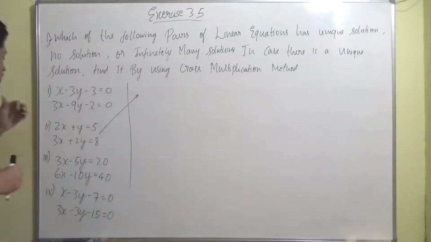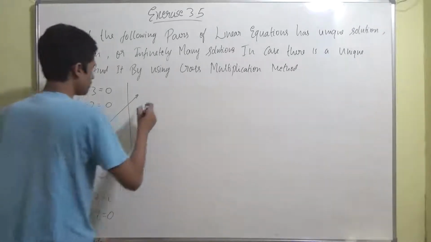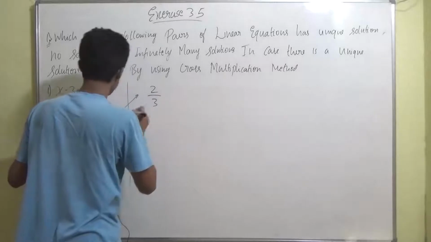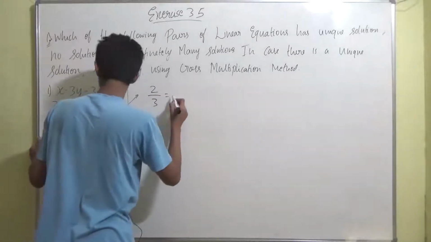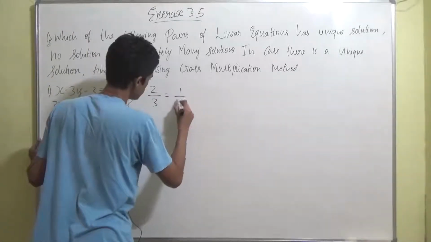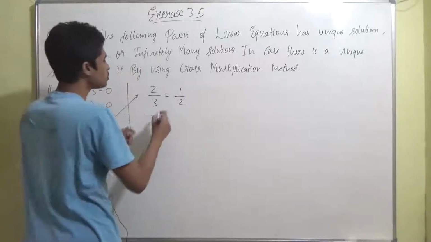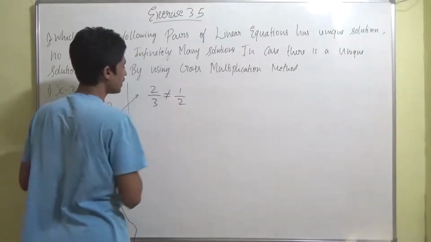Now here in the second sub question, let's compare the values of a1, a2 and b1, b2. a1 by a2 is 2 by 3. b1 by b2 is equal to 1 by 2. If you see, 2 by 3 is not equal to 1 by 2, correct?